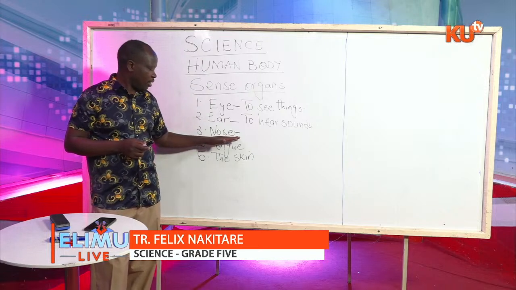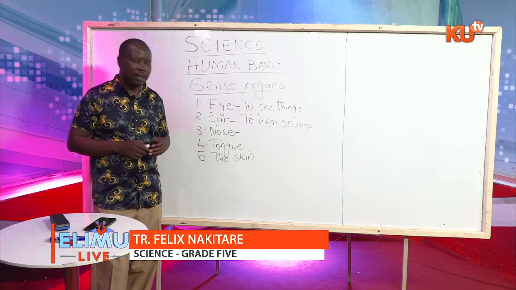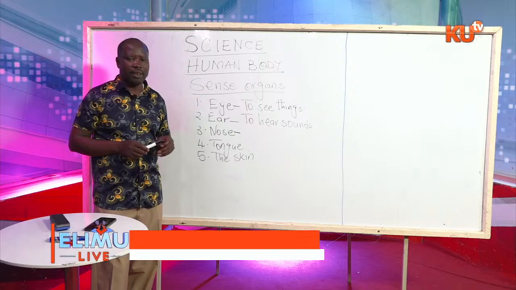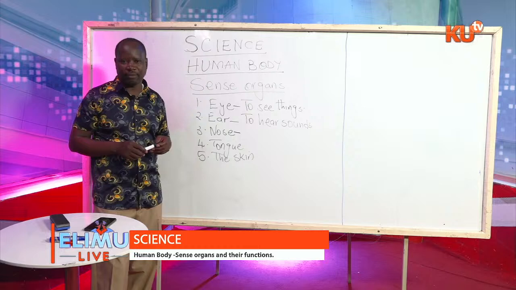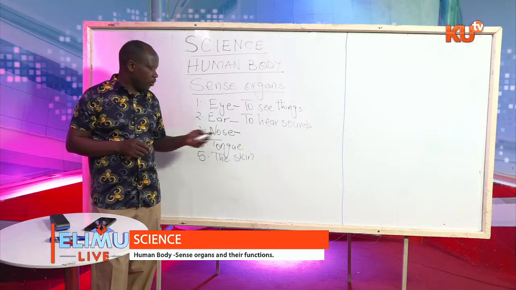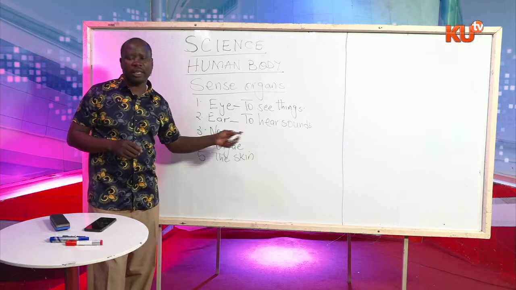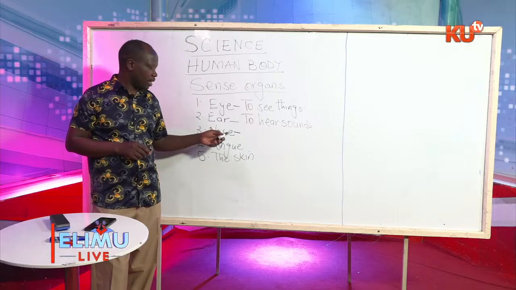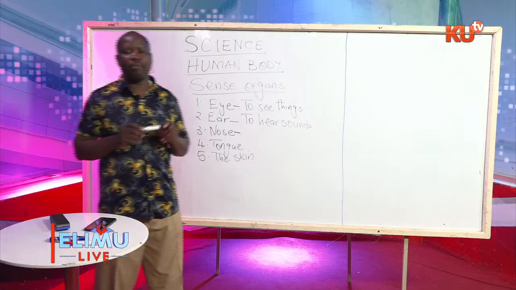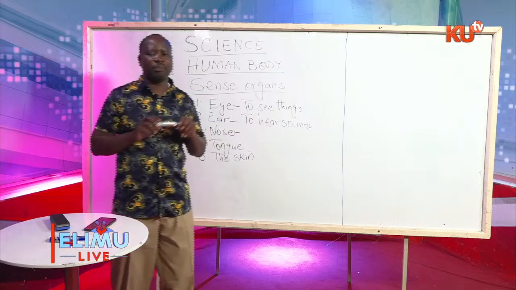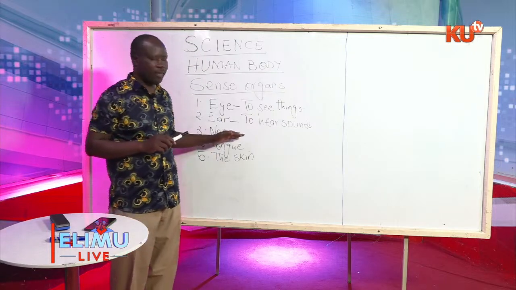You can be at home and mother is preparing a meal. Without seeing, or maybe from outside the kitchen or outside the dining room, how will you know the type of a meal that has been prepared by your mother?